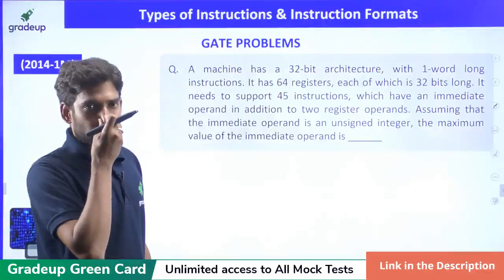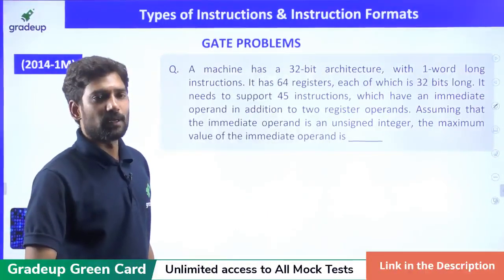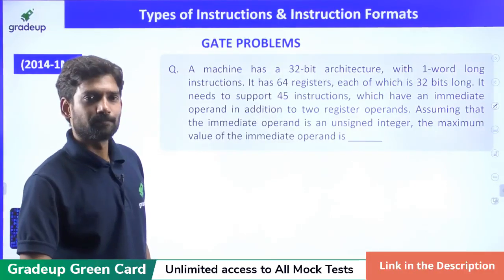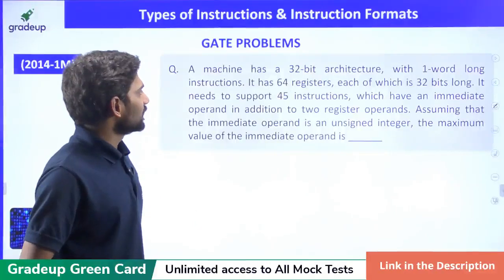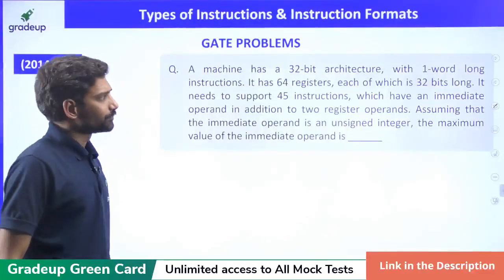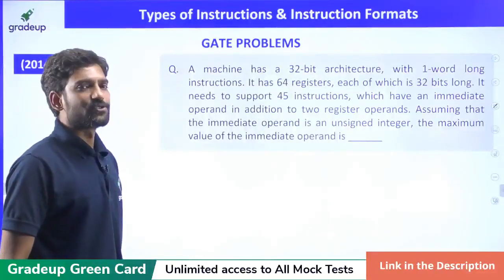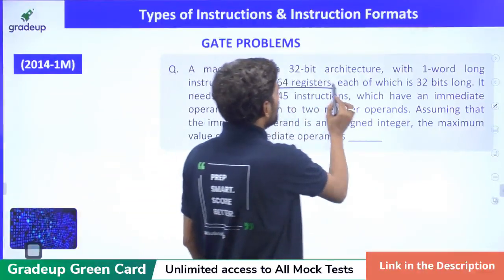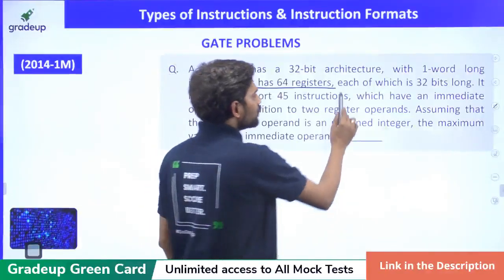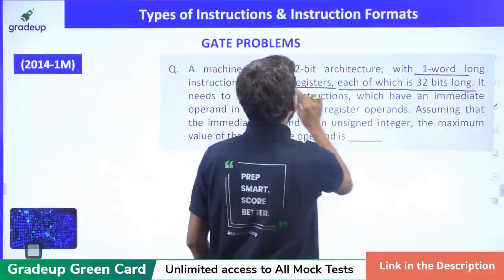Okay. Now, let's get into GATE problems. A machine has a 32-bit architecture with 1 word long instructions. It has 64 registers, each of which is 32 bits long.